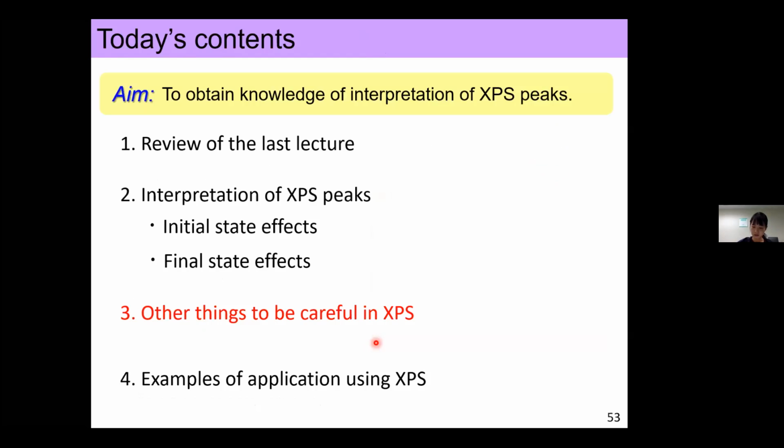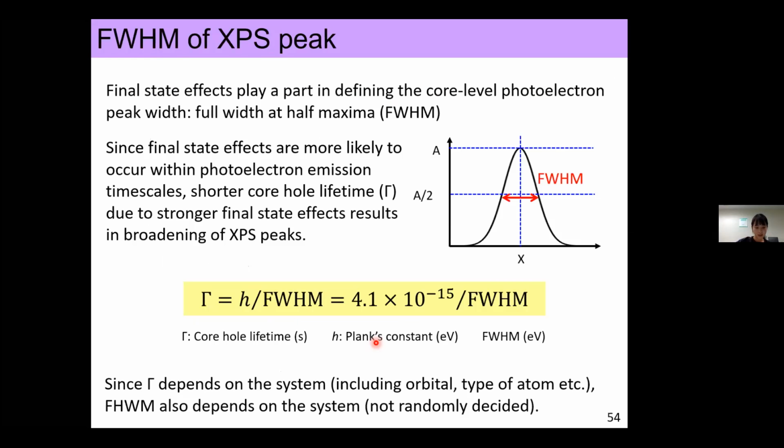So we have finished the main part of this lecture, but there remain several things to take care of. So I'd like to explain several additional things. The first one is full width at half maximum, FWHM, of XPS peak. The final state effects play a part in defining the core level photoelectron peak widths.